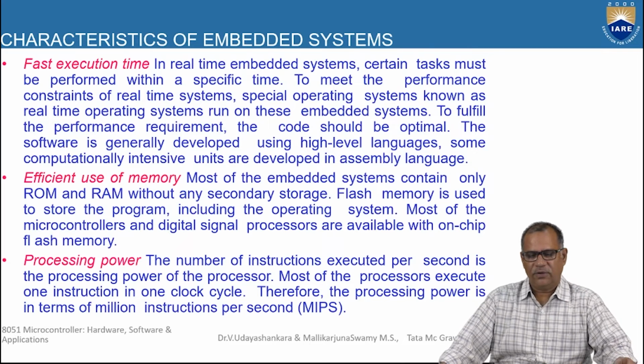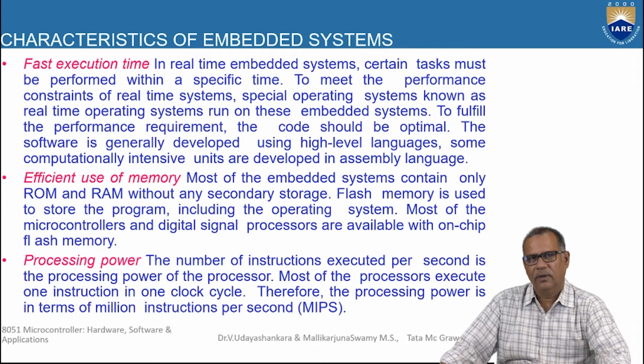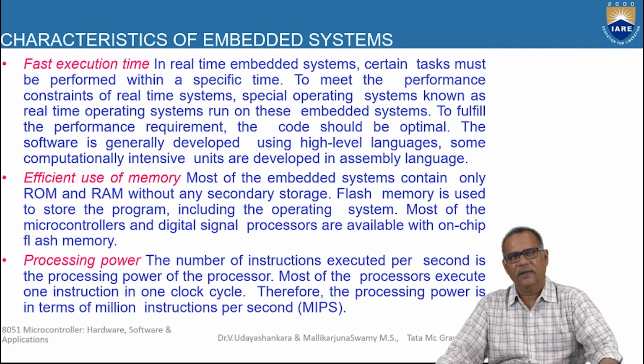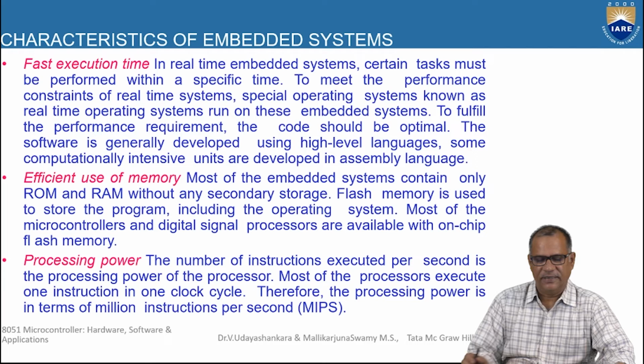Most of the microcontrollers and digital signal processors are available with on-chip flash memory so that you can do modifications. If any new updates are there, new updates can be ported into the embedded system if you are using flash memory.